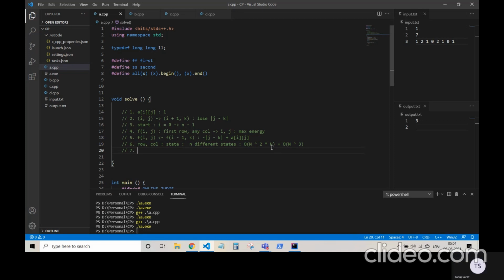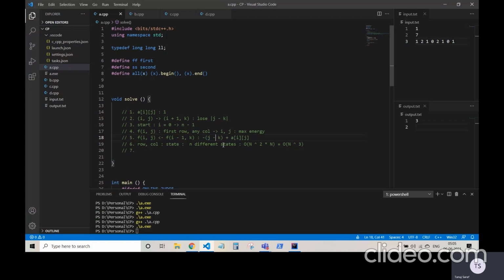Now the optimization that comes over here is by breaking this modulus, right? If we did not have this modulus, let's say we just had that, you would incur a loss in energy equal to j minus k, right?